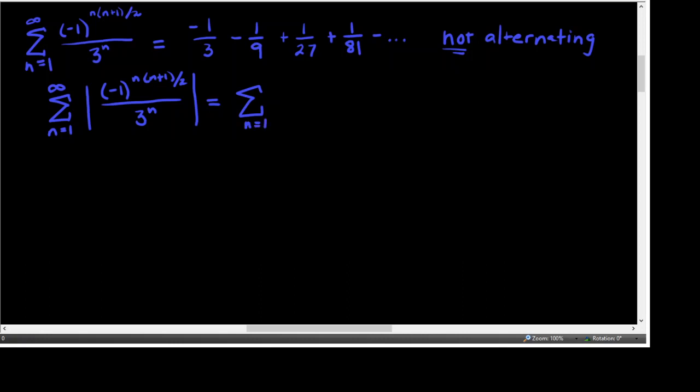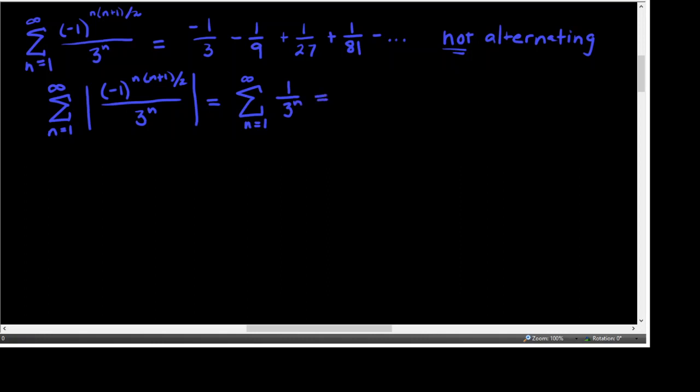Whatever -1's power is, you'll either get 1 or -1, and the absolute value of both of those is just 1. And 3 to the nth is already always positive, so the absolute value of that is 3 to the nth.